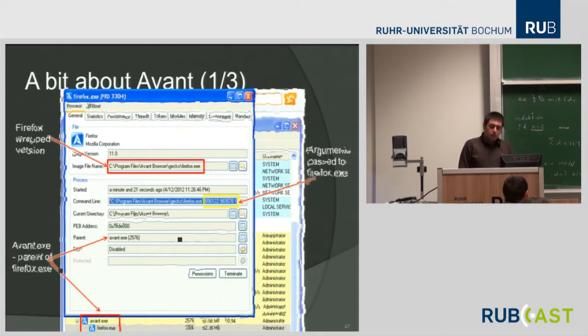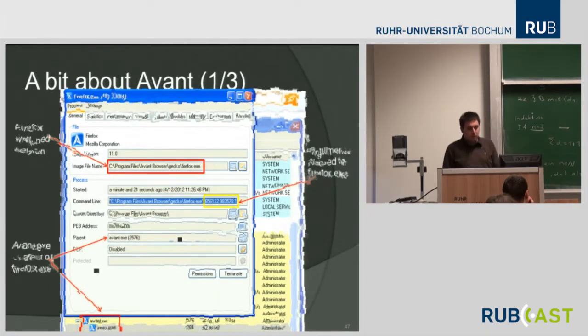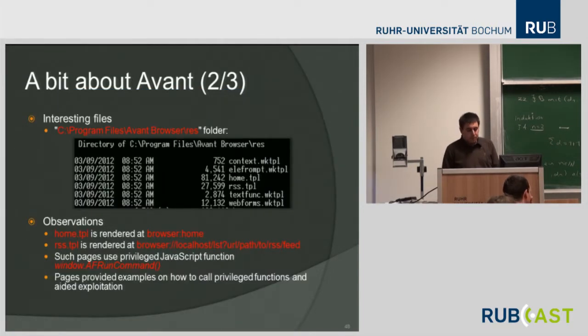Then, looking inside the folder where Avant browser gets installed, I found some files in the res resources folder, and these files contain all the references to the trusted zones or trusted pages in the Avant browser. For instance, the home.tpl file is the browser home zone.